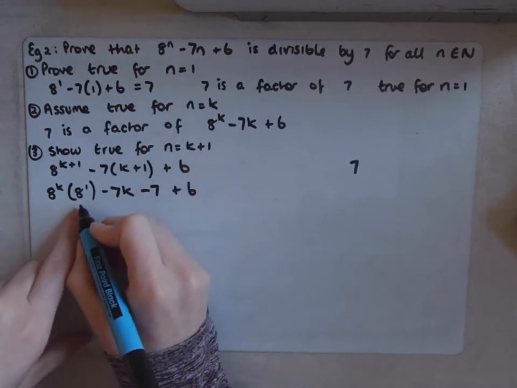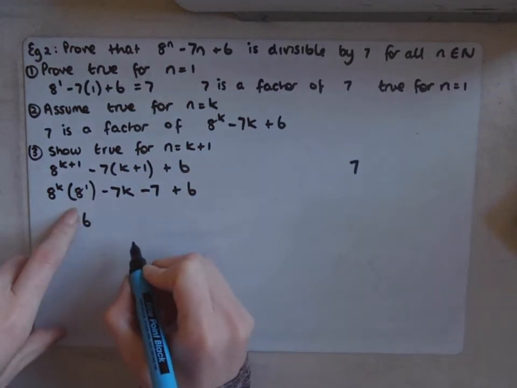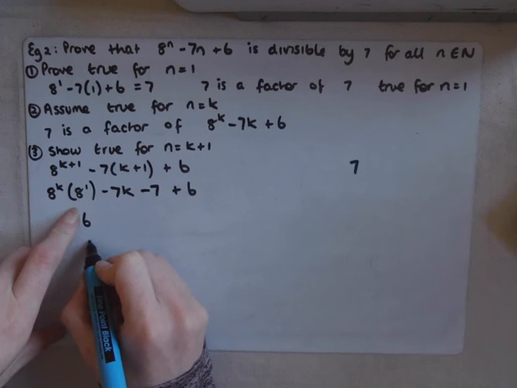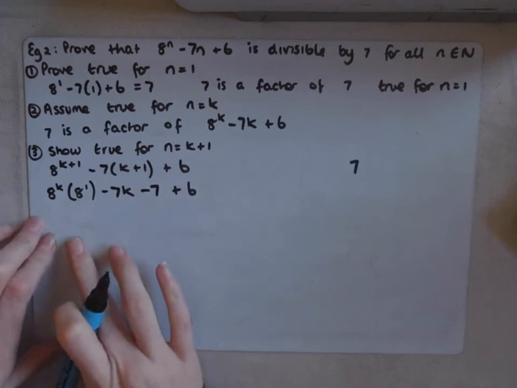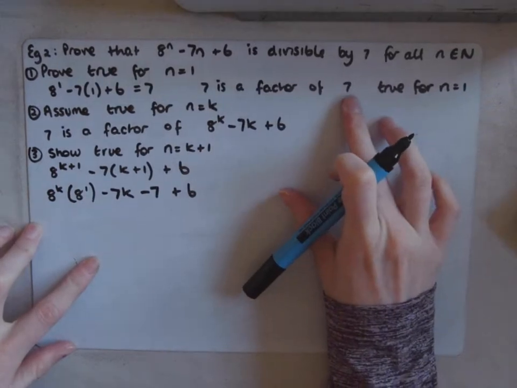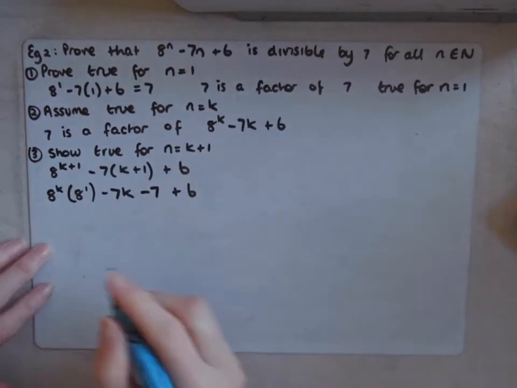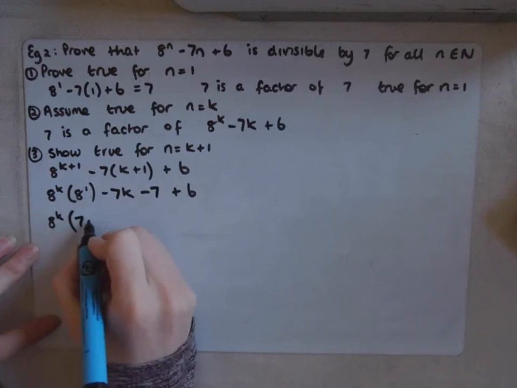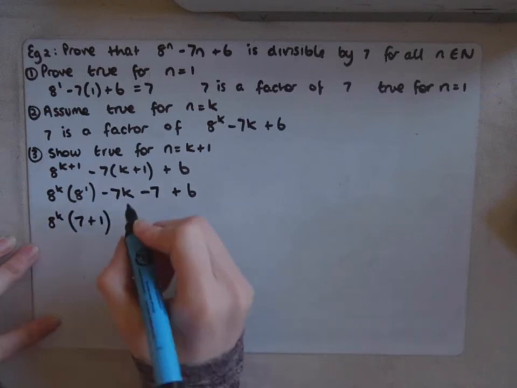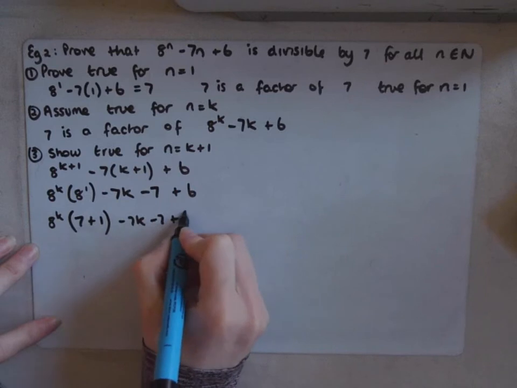If this was a 6 here, you could do 7 take 1 to give you the 6. Okay, sorry, that's what I'm trying to say. What you're doing is always using a factor, so 7 is the factor. So in this case, I'm replacing the 8 with 7 and something, so 7 plus 1. Okay, minus 7k, minus 7 plus 6.